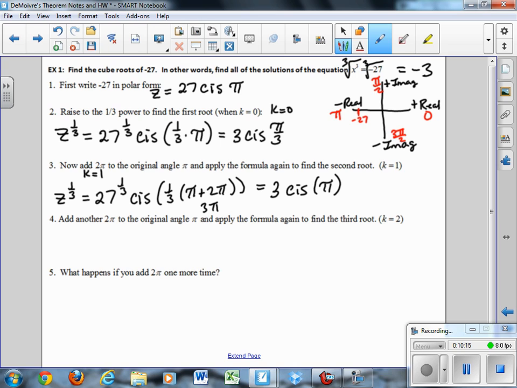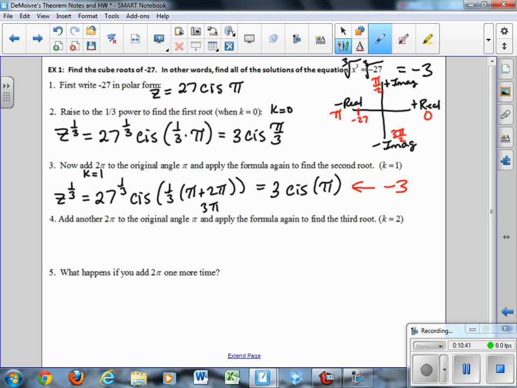Does that make sense to everybody, where I got that? So I took pi plus 2 pi gives me 3 pi, 1/3 of 3 pi is pi. Now this number is right over here, 3 cis pi. So 3 cis pi, that is my number, negative 3. So this one, that's the negative 3. That's the one I already know that I should get.